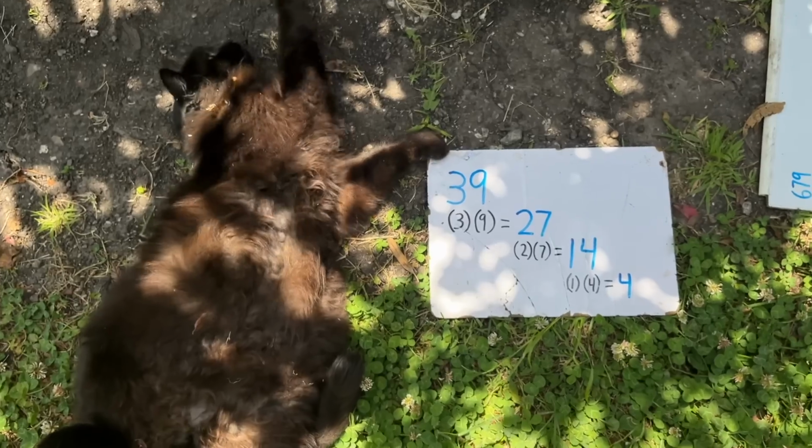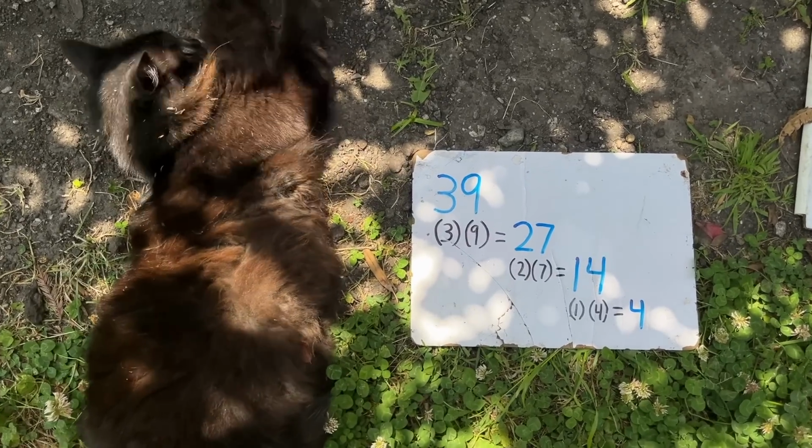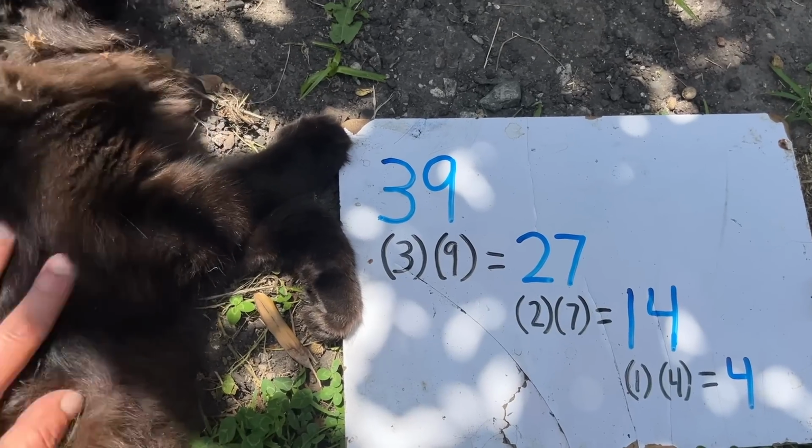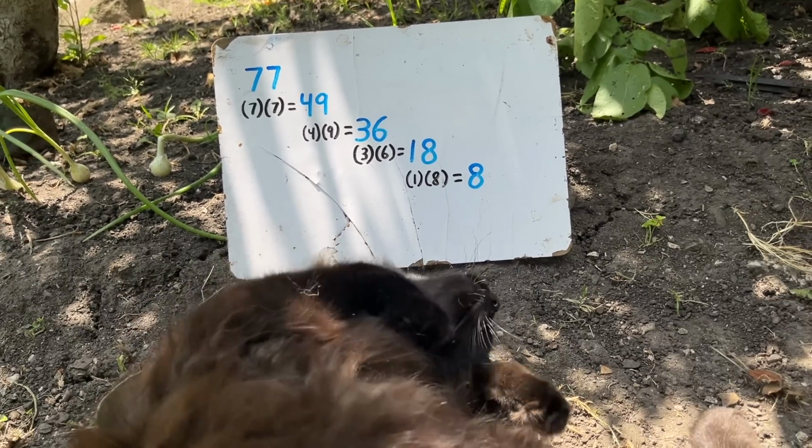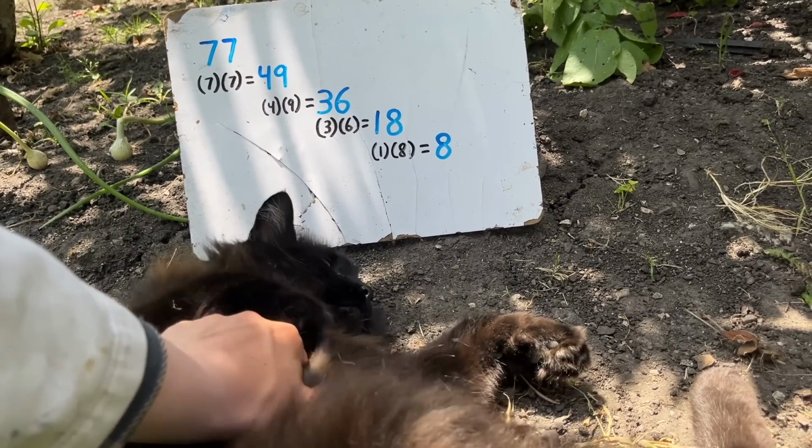But then the pattern becomes a little stranger looking, with 39 being the first to take 3 steps, and 77 being the first to take 4 steps.